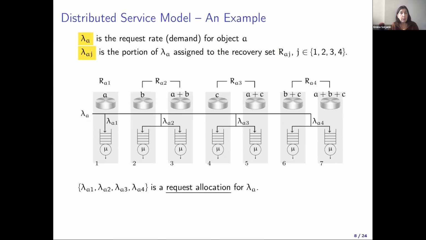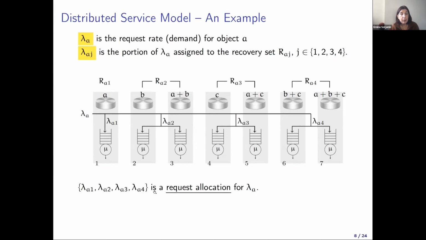If I put this together, I have this storage part, and then I also have this access part here where I have drawn queues. For a request for object A, lambda A, I am allowed to split it so that one part, lambda A1, is going to go to server A, and another one, lambda A2, is going to go to what we refer to as a recovery group, and so on.